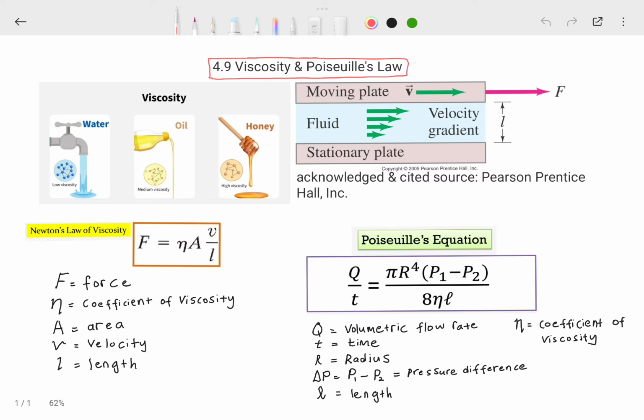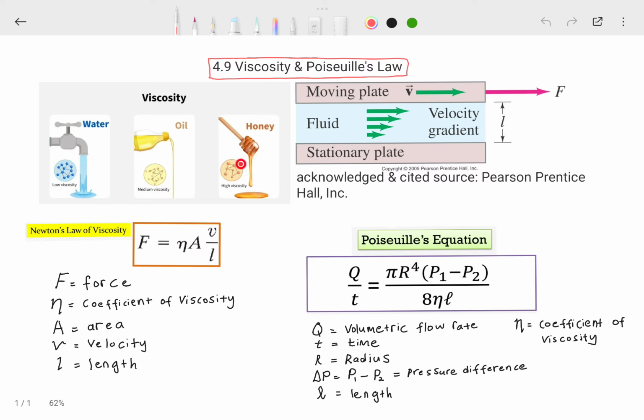So it means a real fluid has some internal friction. Both solutions have internal friction. This is what we call viscosity.